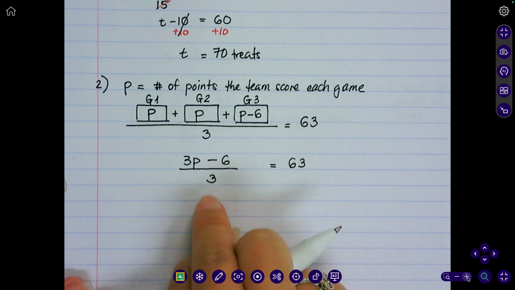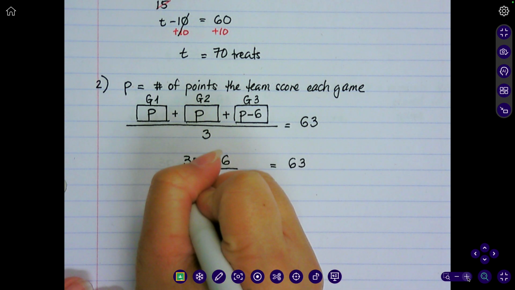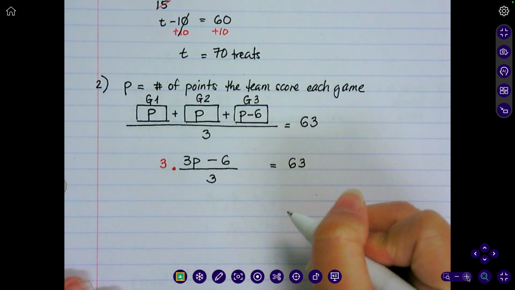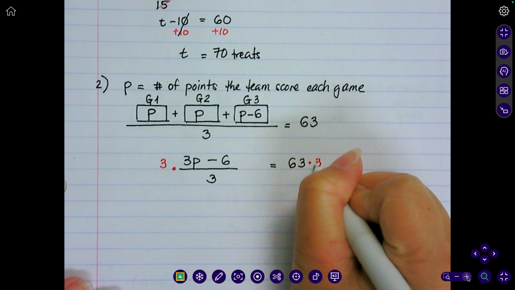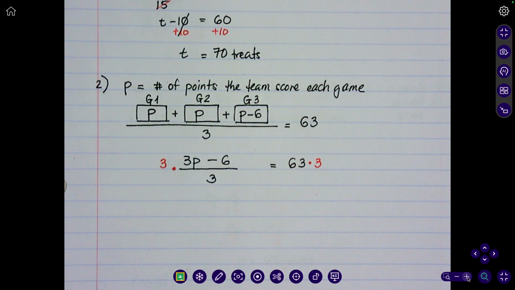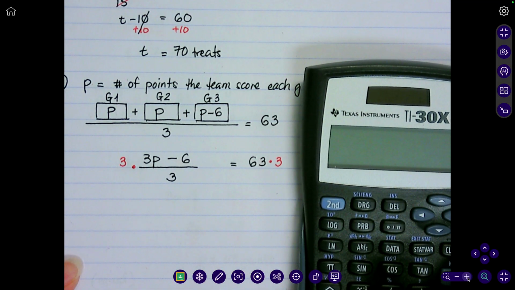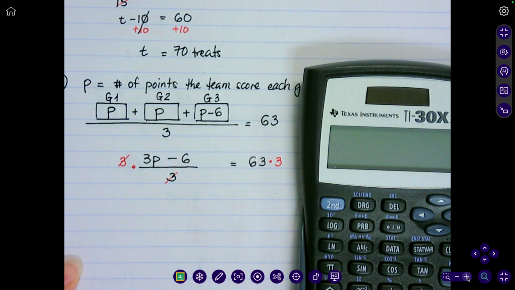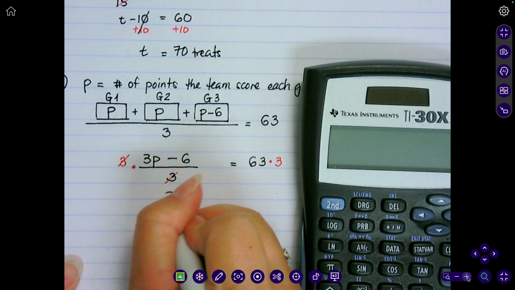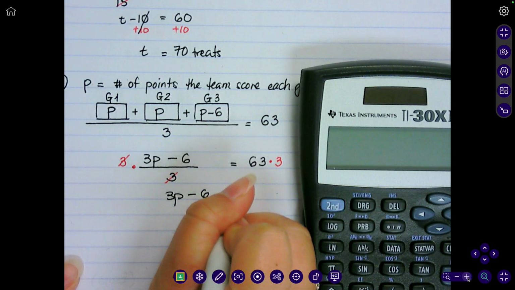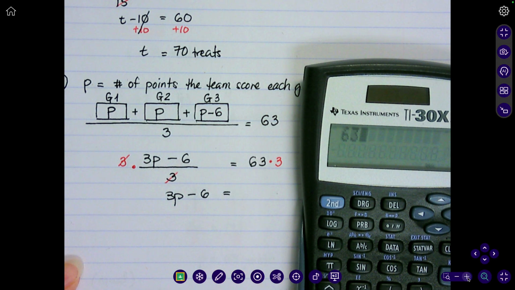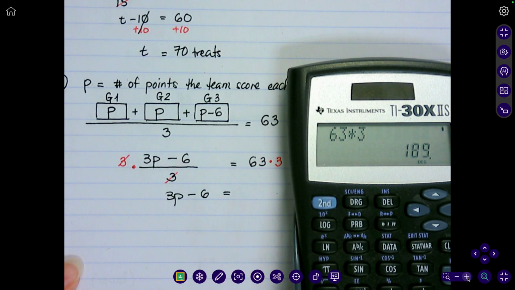Get rid of your denominator first. So this is dividing by 3. You're going to have to undo it by using the inverse. Multiply by 3. So multiply 3 to both sides for me. This is where you're going to get your calculator. This will cancel. So I have 3p minus 6 is equal to 63 times 3, which is going to be 189.